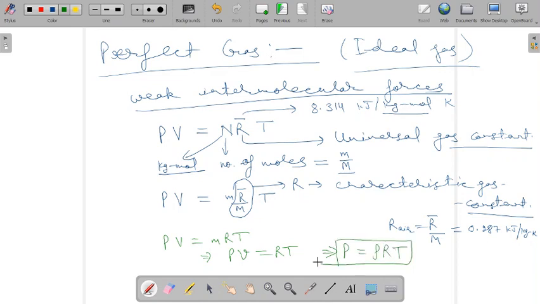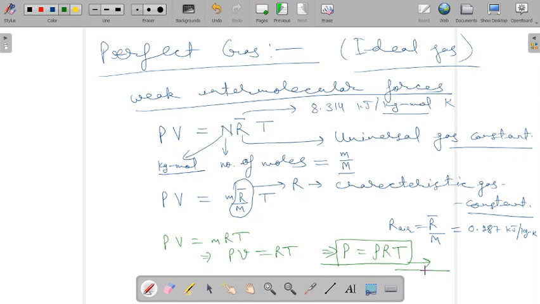So this is one important relation which represents the variation of density as a function of pressure and temperature of a gas. This is very important and useful in compressible flow analysis once we consider a gaseous medium to be an ideal gas.